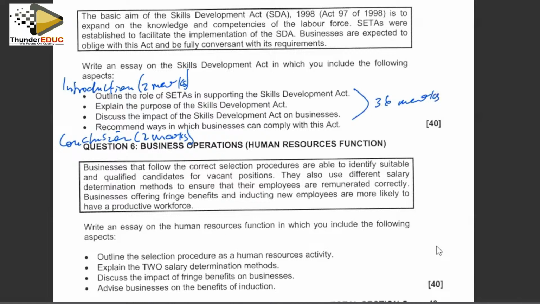Okay, right. So now we are going under introduction. We have to define or give the functions or the characteristics of the SDA.